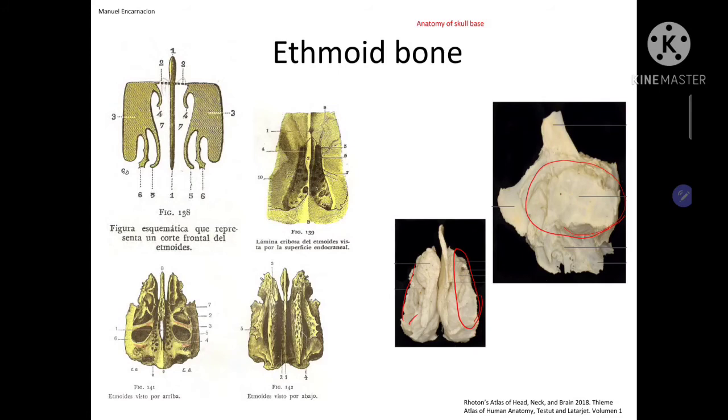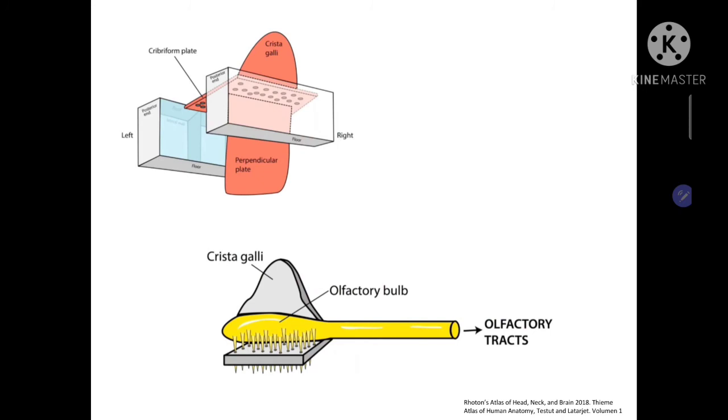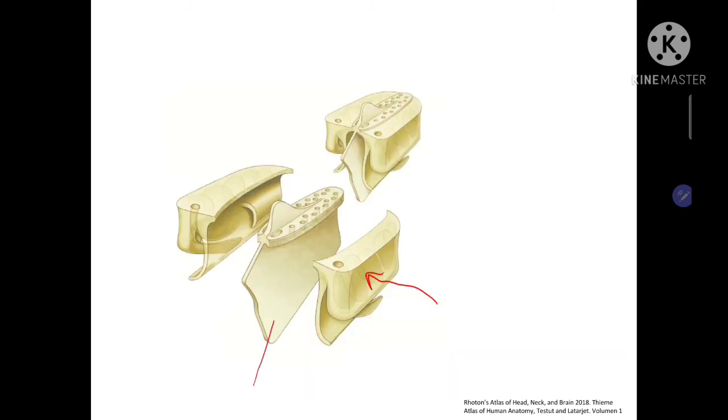This is the lamina papyracea. You can see it here, lateral wall or lamina papyracea. Perpendicular plate and papyracea are not the same. Okay, we cannot confuse them.